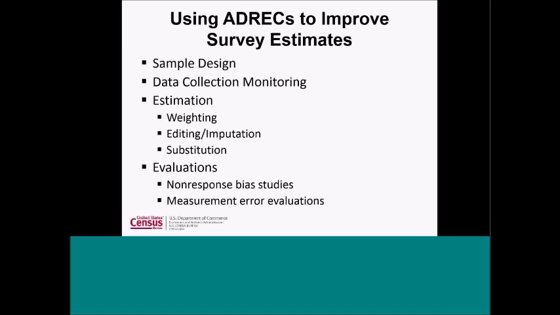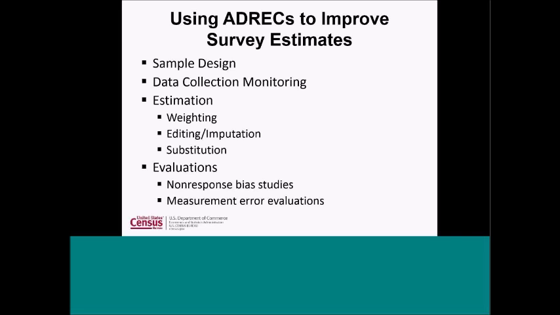And we all know different ways that we can use administrative records, and it's typically used to use administrative records to benefit survey estimates. Early in sample designs, more recent, this is kind of my work in Center for Adaptive Design, is a lot in data collection monitoring. We use administrative records. And then there's lots of literature about estimation and weighting, editing and imputation, and basically a type of imputation where we just directly substitute administrative records.